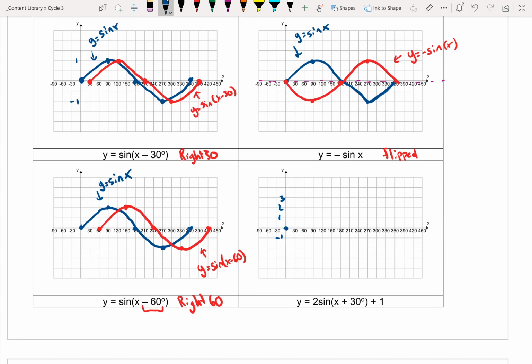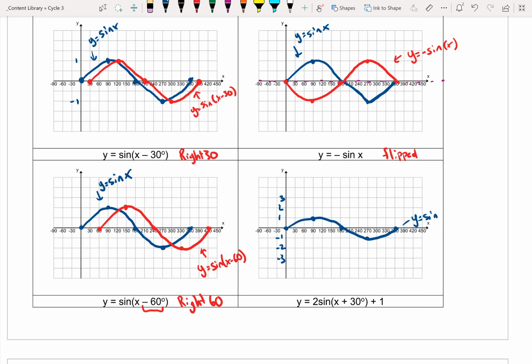So each line is going to be 1. This one may look a little different only because we changed the scale on the side, but we did that to help us draw this. So this blue one is y equals sine x, again our base form.